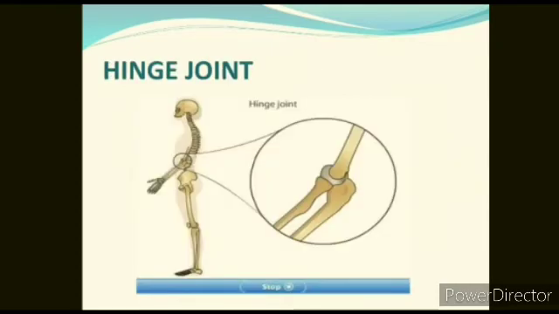The next joint is the hinge joint. This joint allows movement in one direction only, similar to the hinges of a door. Examples of hinge joints are the elbow joint, knee joint, and wrist joint.